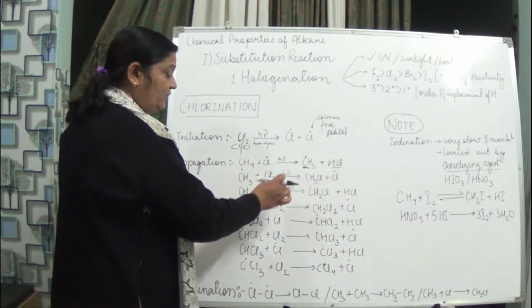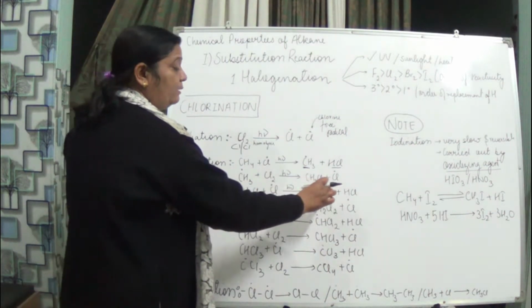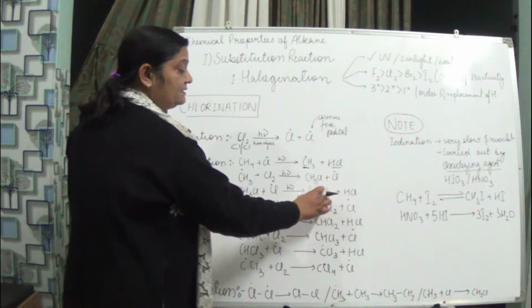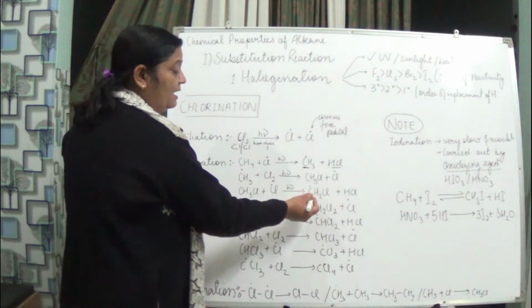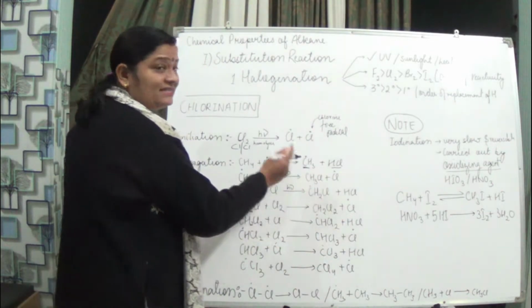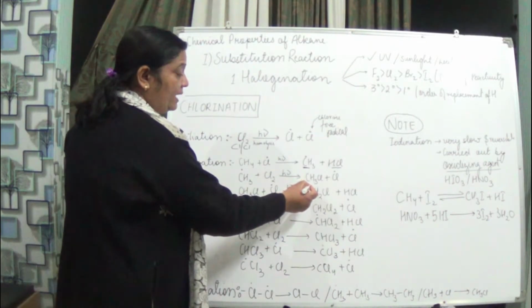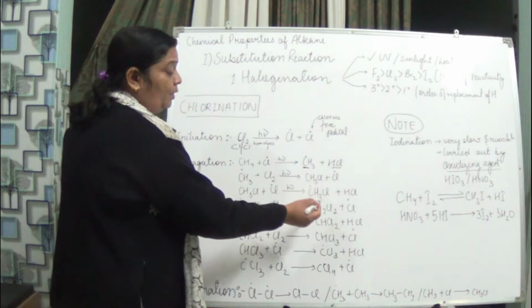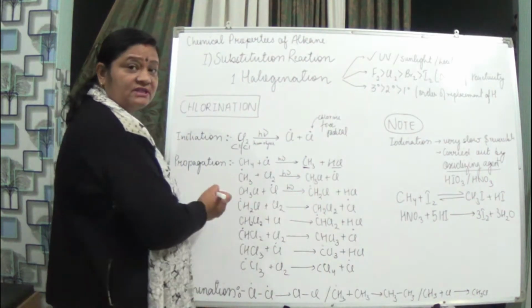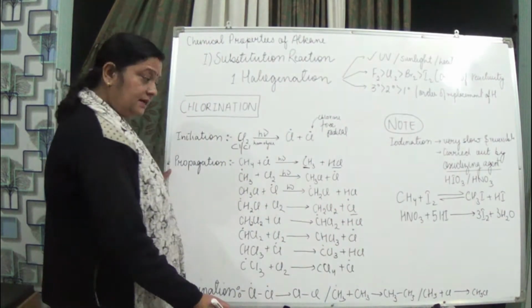This free radical now reacts with CH3Cl, thereby making HCl, which is stable, but now one hydrogen has been replaced, making it CH2Cl. Now this CH2Cl is active in nature, reacting with a chlorine molecule, forming CH2Cl2, and again a chlorine free radical is generated.